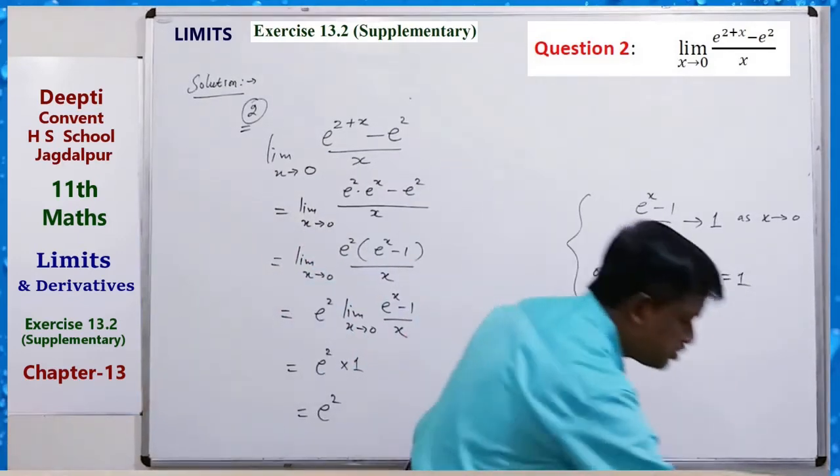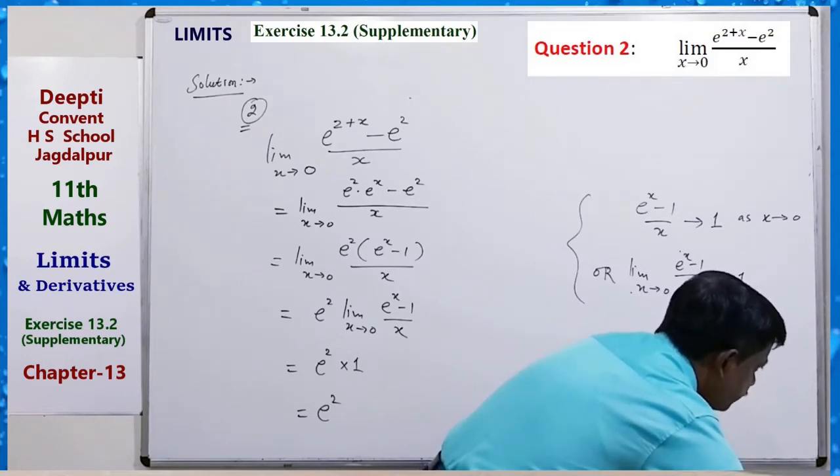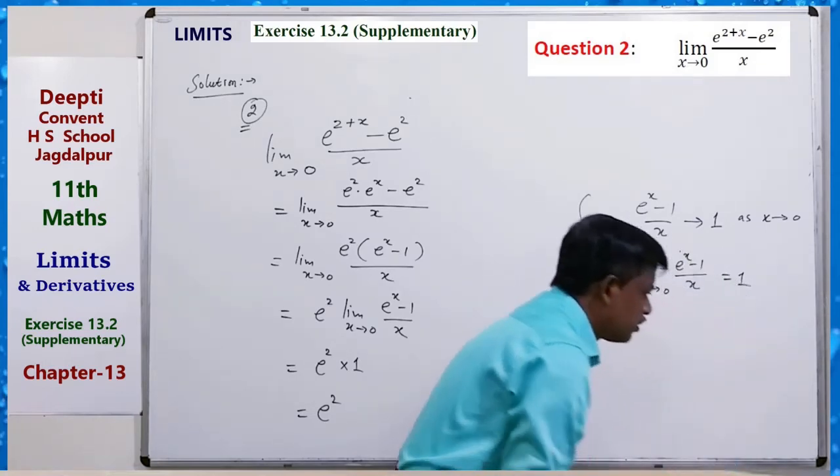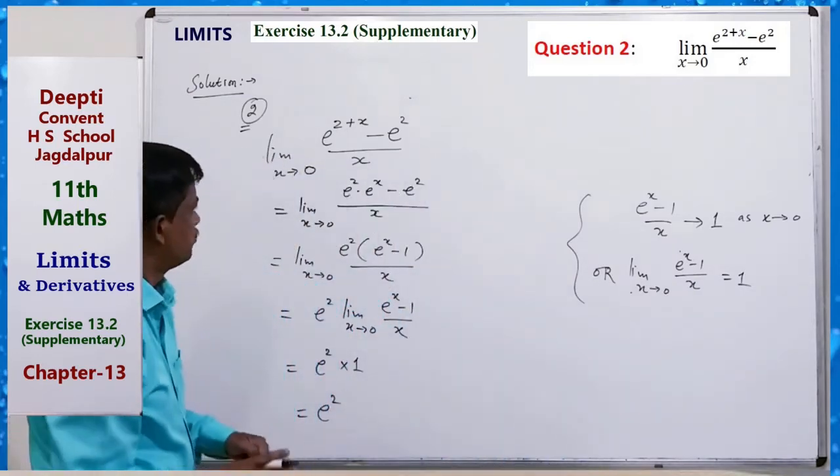Okay, so using this formula you can find limit e to the power x minus e to the power 5.